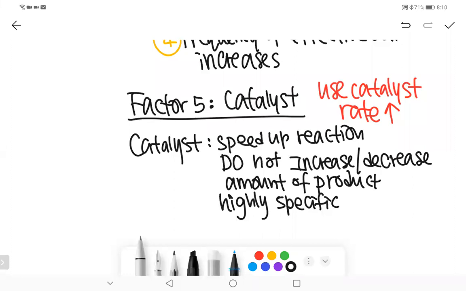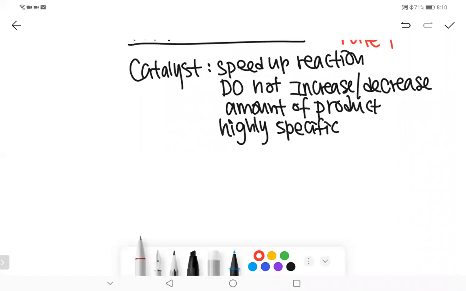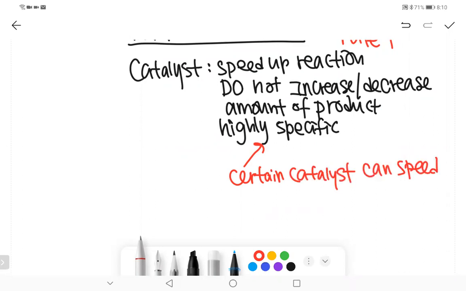Certain catalysts can only speed up certain reactions. For example, if I have a catalyst called A, A can speed up reaction W. You cannot use catalyst A to speed up reaction C. Catalyst A can only speed up reaction W. It's highly specific.